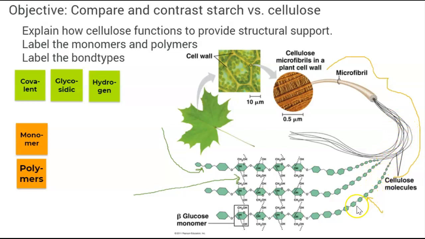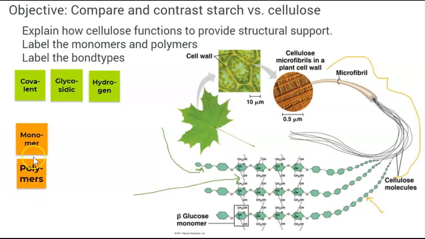They're really long chains of beta glucose, and they are linked by different types of bonds. So one thing I want to have you process again, just with a different image of it, is what is the monomer and what's a polymer.